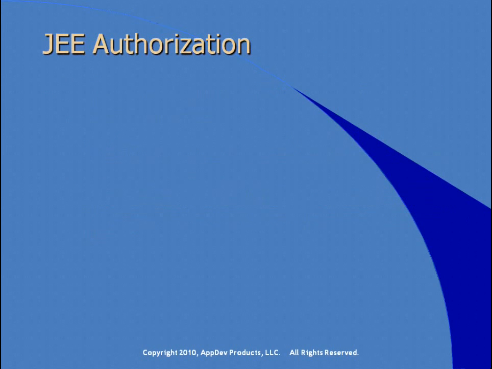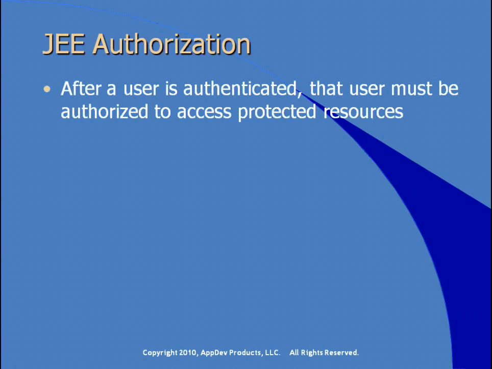The Java EE specification does in fact cover authorization for Java EE applications. After a user is authenticated, that user can be authorized or not authorized to access any resources within a Java EE application that are protected using the Java EE specification.